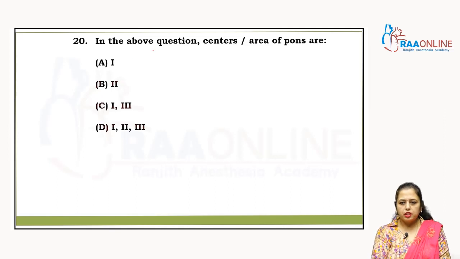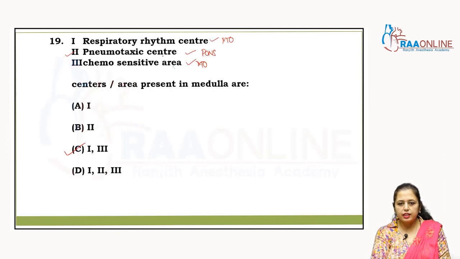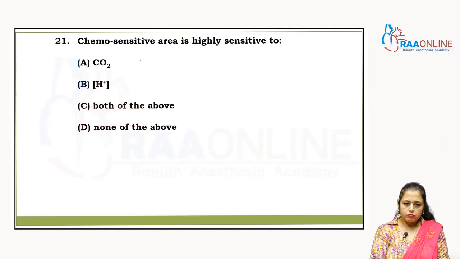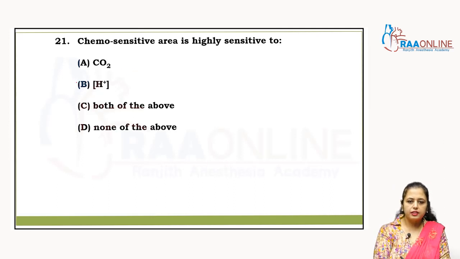In the above question, the center for pons is the pneumotaxic area center, that is 2. The chemosensitive area is highly sensitive, as we already discussed in summary, to the partial pressure of carbon dioxide and H+ concentration both. So the correct answer is C, that is both of the above, right?